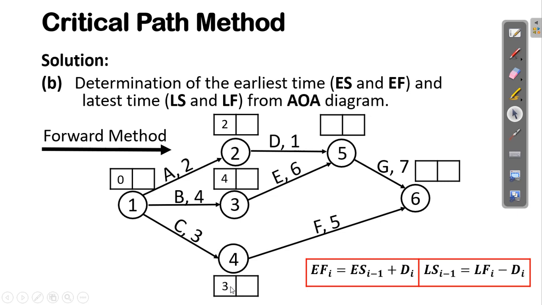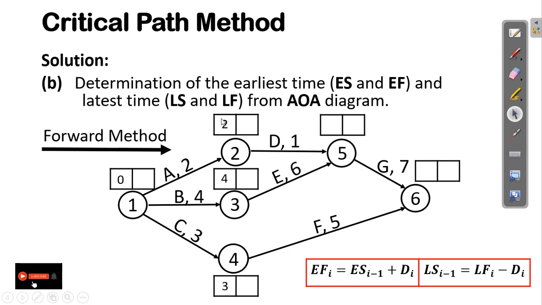Okay, so after having the early finish times of activities A, B, and C, these early finish times at this node become the earliest start times for the other activities emerging after completion of these activities. So once this is finished, we start another activity.